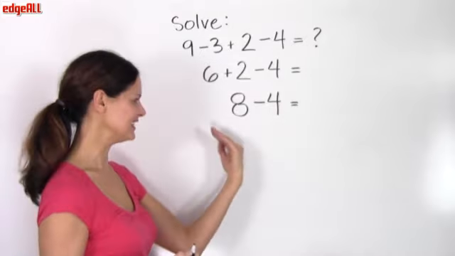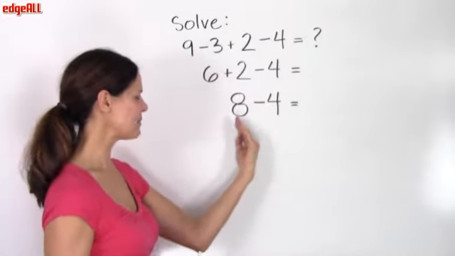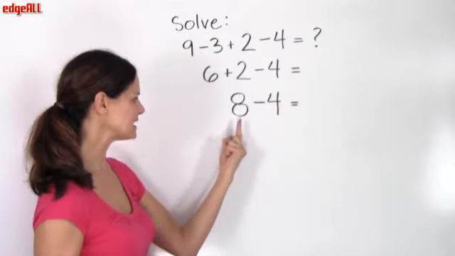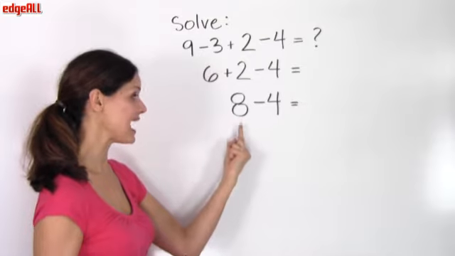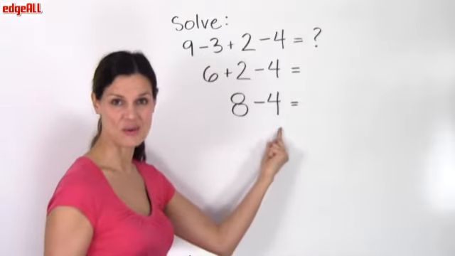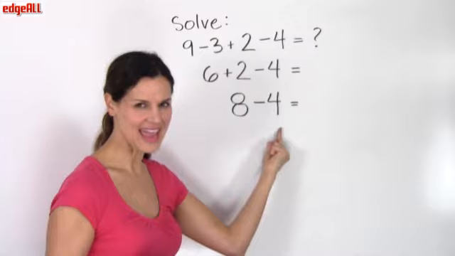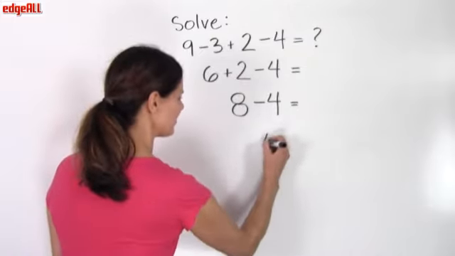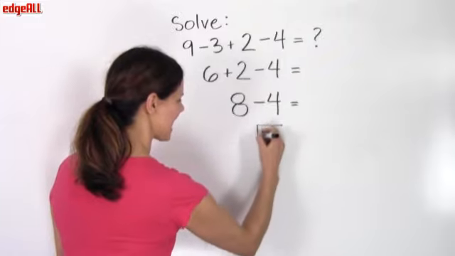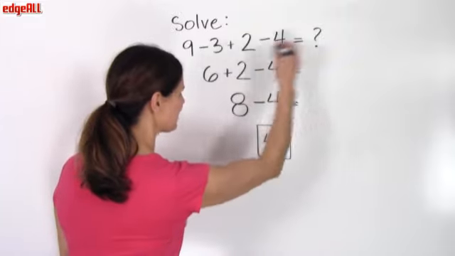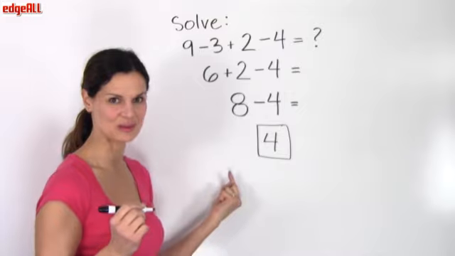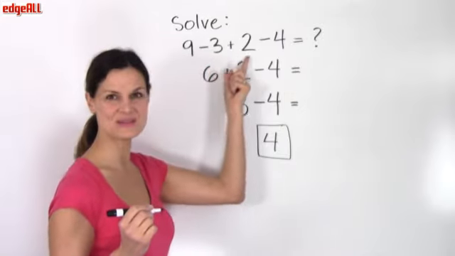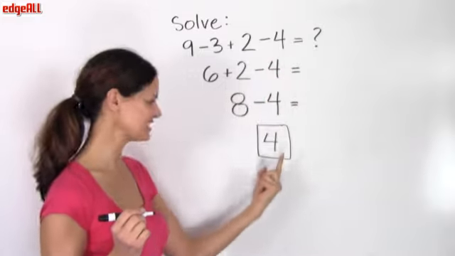Working again from left to right, I take my numbers and I perform the calculation. So it's asking me to calculate and do 8 minus 4. And I know that if I have 8 objects and I take 4 of them away, I am left with 4. So the answer to this very complex addition and subtraction problem is 4. 9 minus 3 plus 2 minus 4 equals 4.